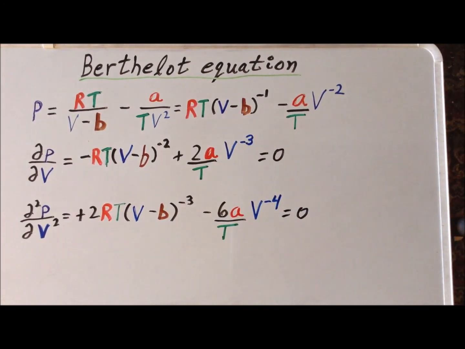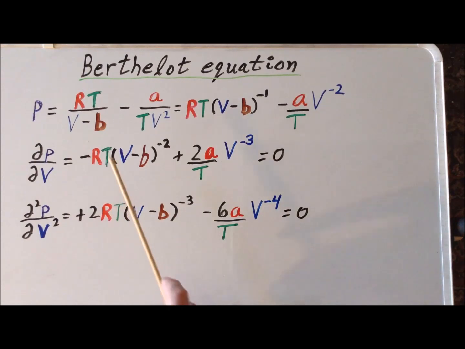And now we will solve this system of equations, first to find the molar volume at the critical point, which will be the critical volume. As a matter of technique, instead of solving directly for v, or setting each of these two equations equal to each other because they're both equal to 0, it's actually easier to solve each of the equations first for RT squared, which may seem like a strange way to do it, but it makes the algebra much, much less complicated.